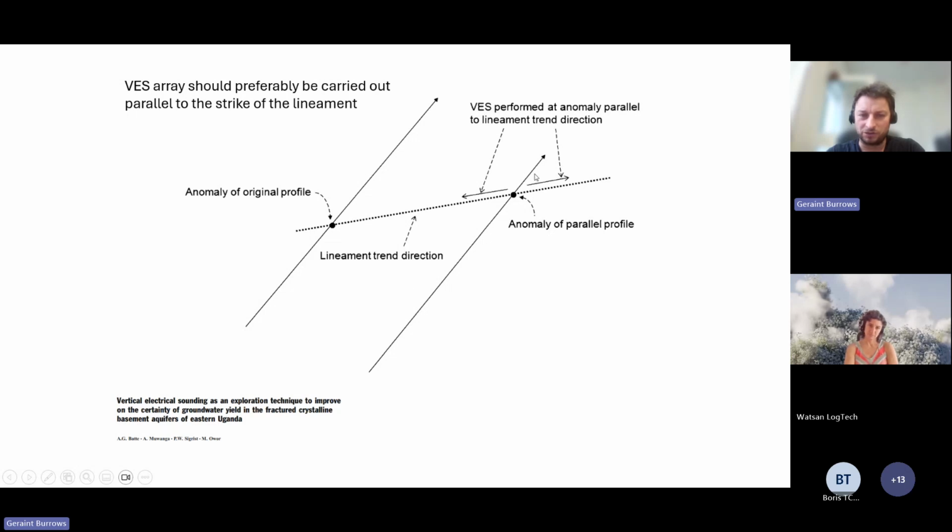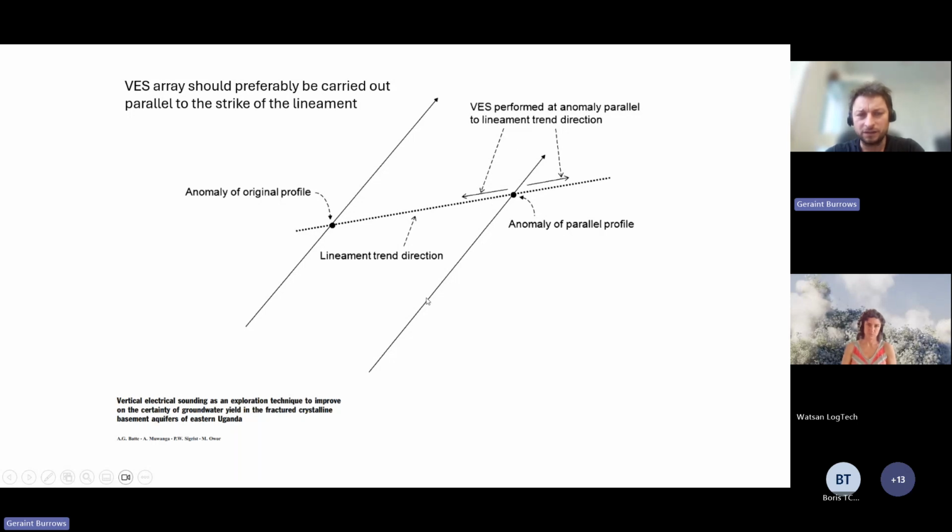In this particular case, this was one constant separation traverse, this was another, and they found this lineament running across here. Once they'd found that lineament with these two traverses, they carried out their vertical electrical sounding running parallel to what they thought the lineament's direction was, in order to better pick up the actual lineament rather than taking a lot of the measurement away from it.